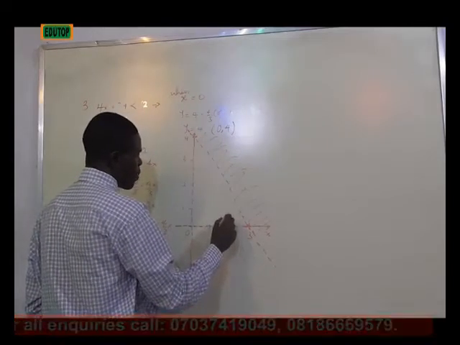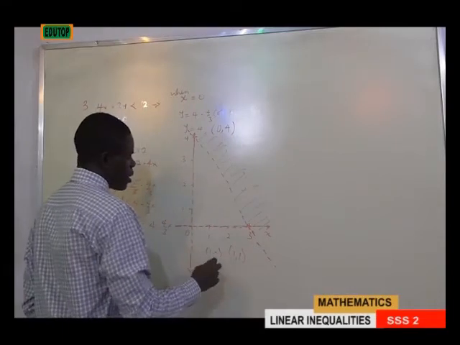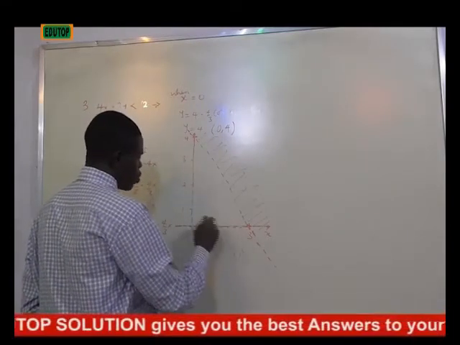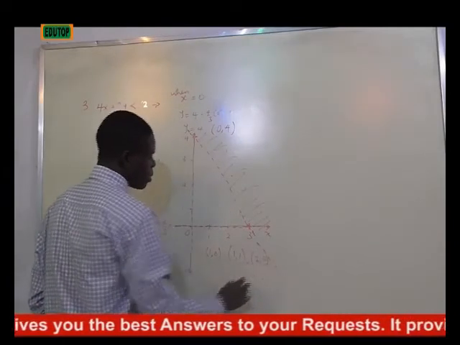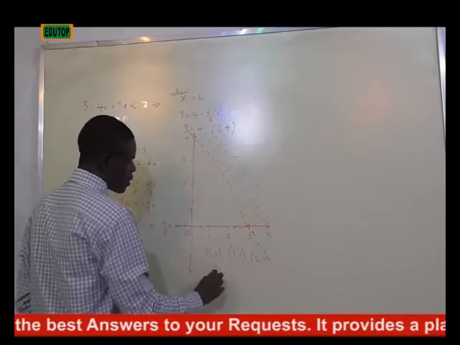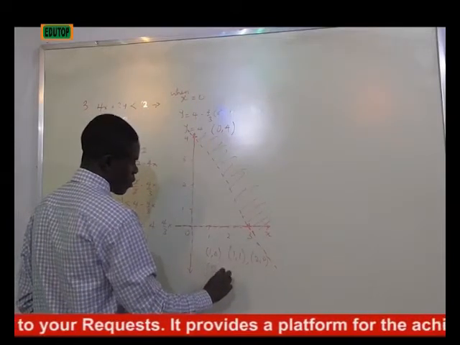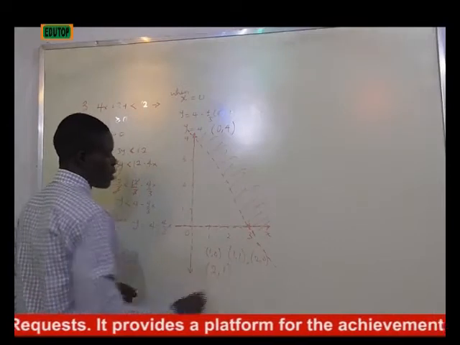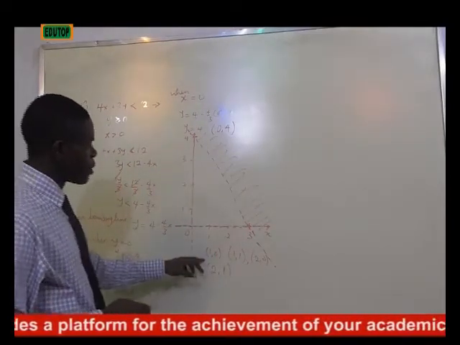Then we can consider this point when x is 2, y is 0. Then we can also consider when x is 2, y is 1. This point. So here we're having 4 points.